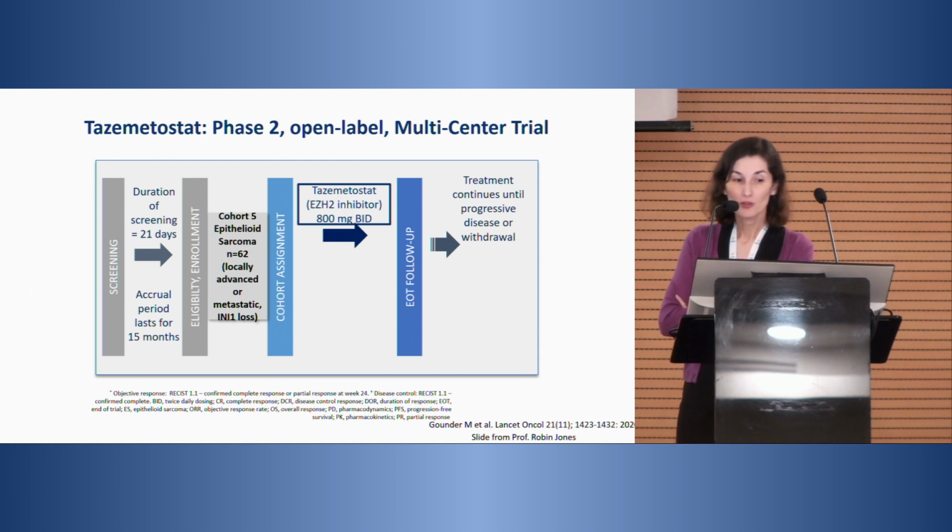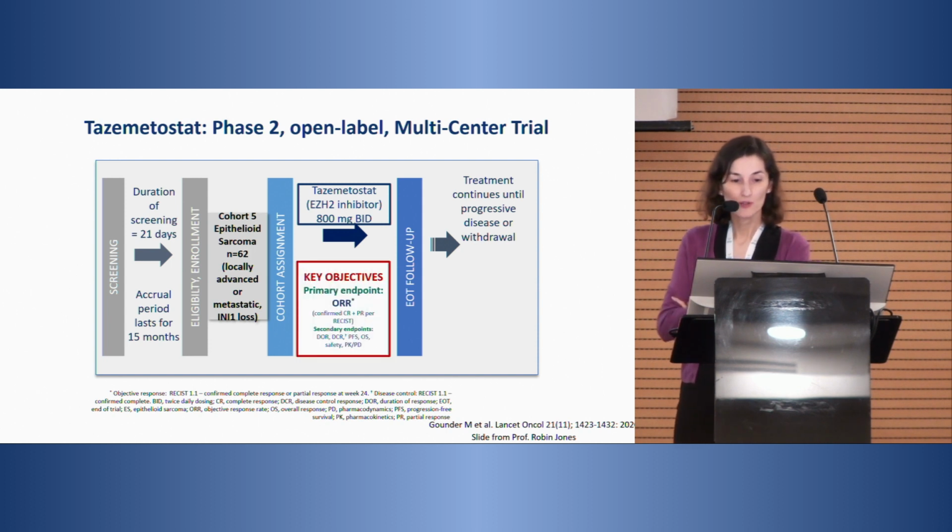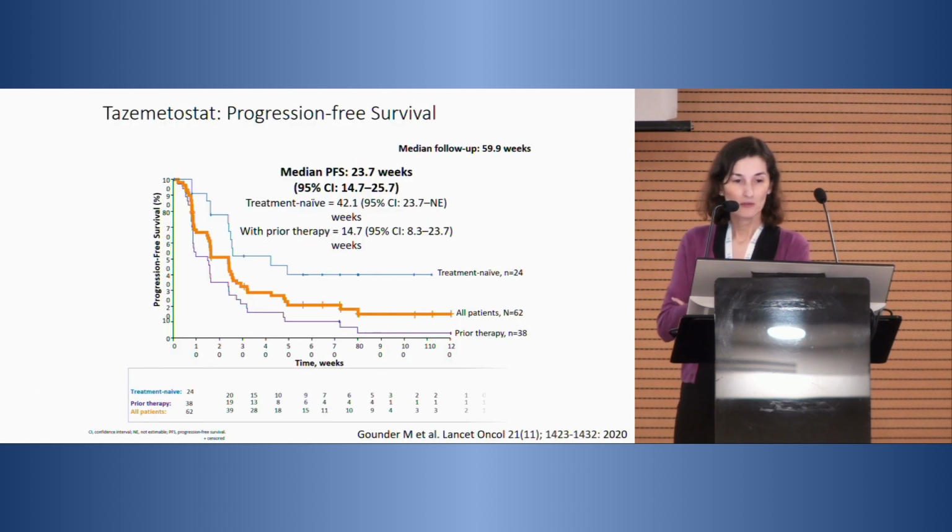So they had 62 patients in this trial with either locally advanced or metastatic disease who had the INI1 loss, and these patients were given the tazemetostat treatment, and they then looked at the response.